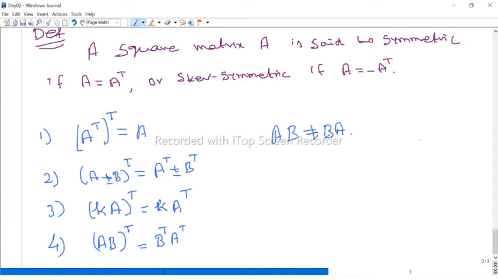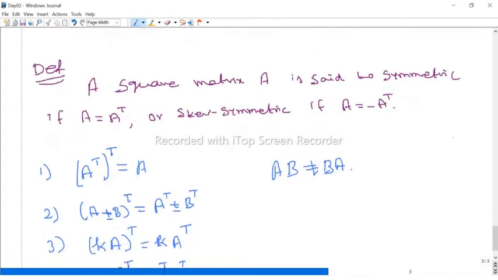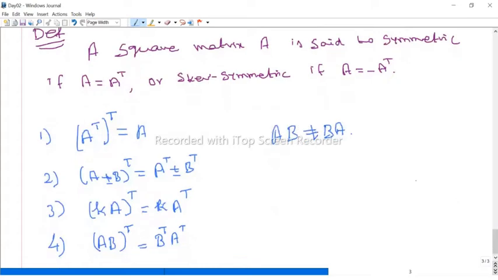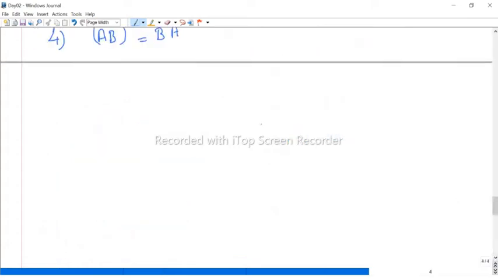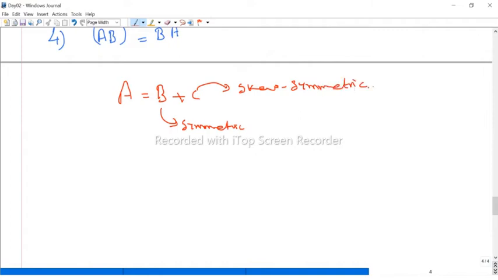Take any matrix A; we can write it as the sum of two matrices, B plus C, where B is a symmetric matrix and C is a skew symmetric matrix. Any square matrix can be written in this way uniquely. That means there is only one symmetric matrix and only one skew symmetric matrix for any matrix A.